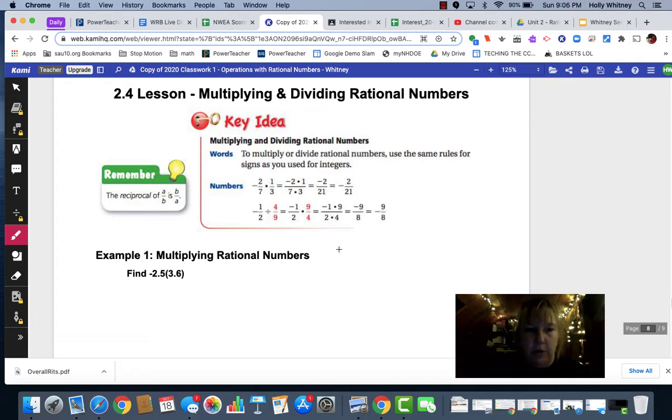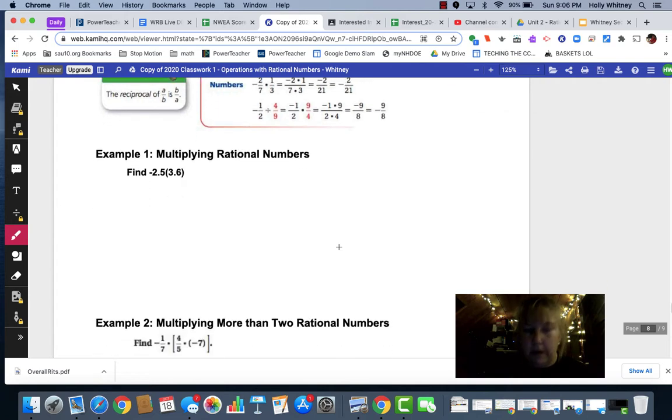So the first thing we're going to do is multiply two decimals. When we're multiplying decimals, you don't have to line up the decimal points, you just have to line them up by the last number.